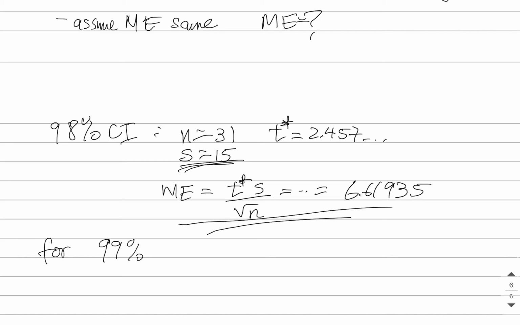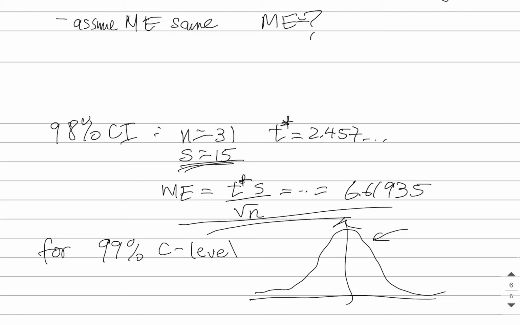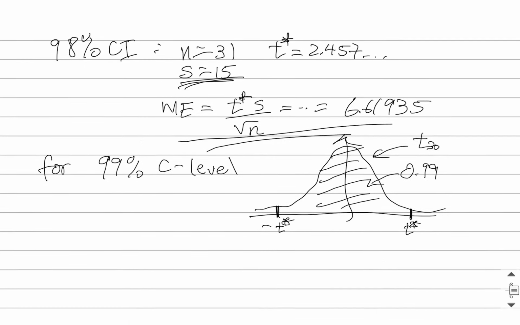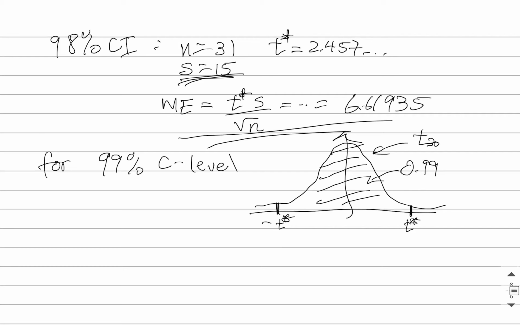For a 99% confidence level, remember what confidence level means. If you were to take the underlying sampling distribution for your sample average, in our case, this is going to be a T30 distribution when we normalize everything. We want to put some boundaries here to say, I want the area in the middle to be 0.99. Where should I be standing so that I get an area of 0.99 in the middle? In R, you can use the qt function.